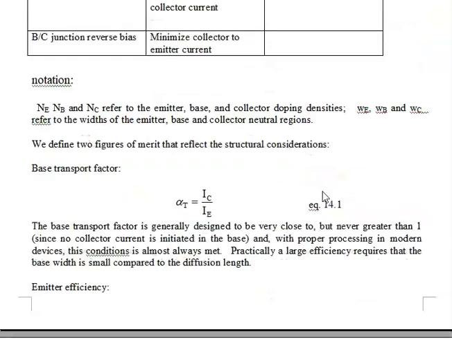So that's the rationale. These NE, NB, and NC refer to the emitter, base, and collector doping densities, and the W's, of course, are the widths of the emitter, the base, and the collector.